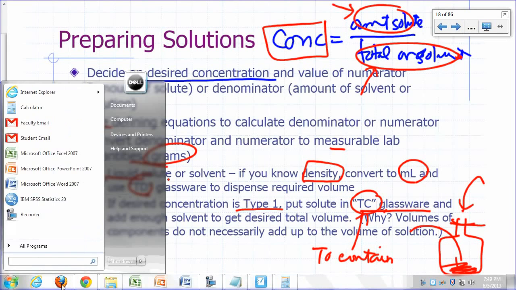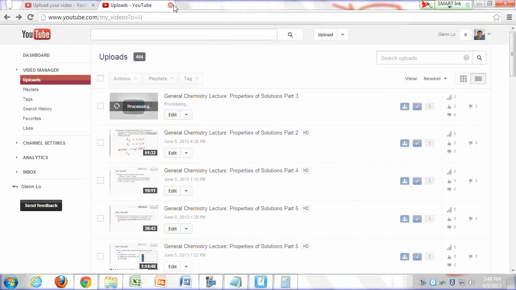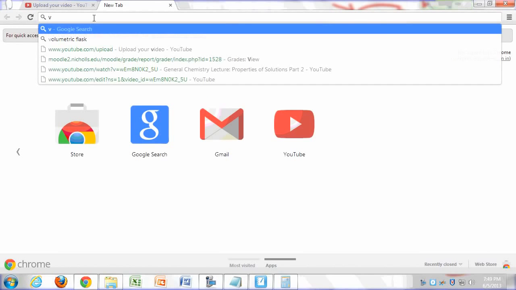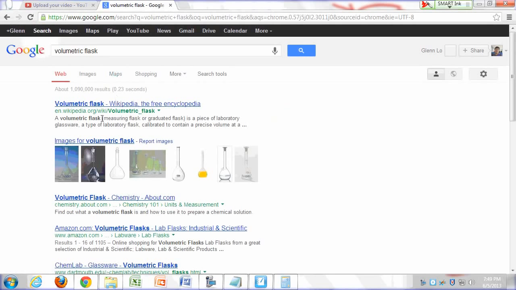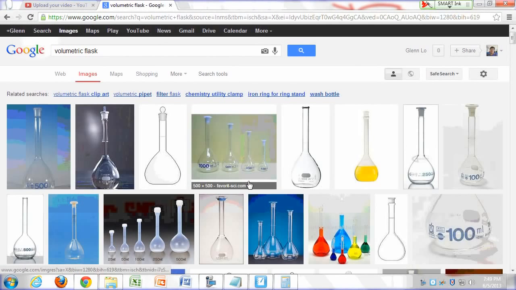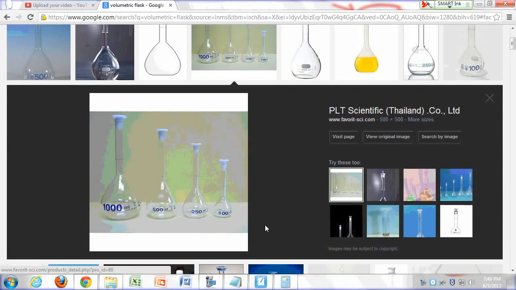Just to illustrate, let me show you a volumetric flask. This is an example of a piece of glassware. Let's look at images of volumetric flasks. There's plenty of those on the internet. It comes in different sizes. You'll notice these flasks have a marking right here.